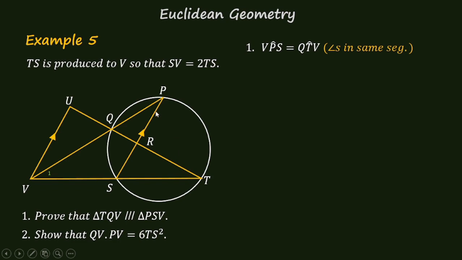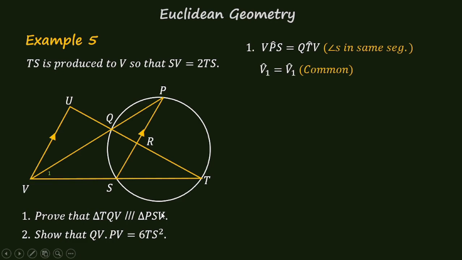So T equals P. V1 is common in both triangles. If you look, we have PSV and TQV. Therefore, V1 will be common in both triangles. So V equals V.